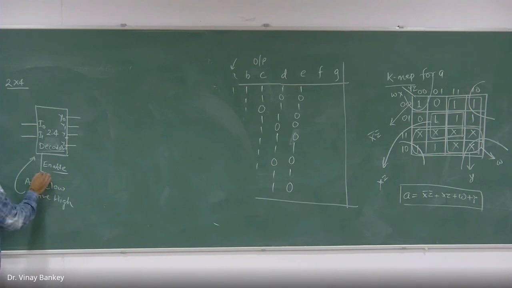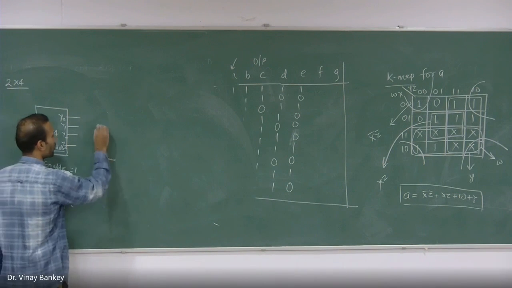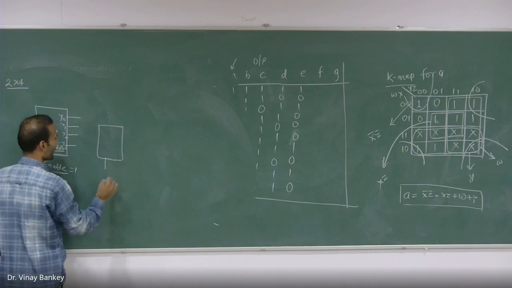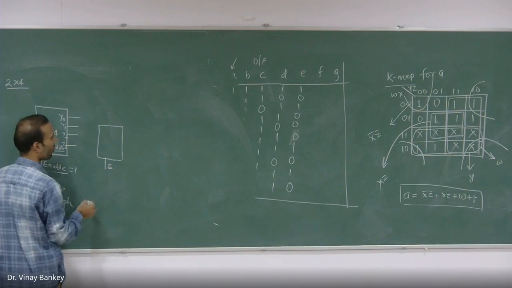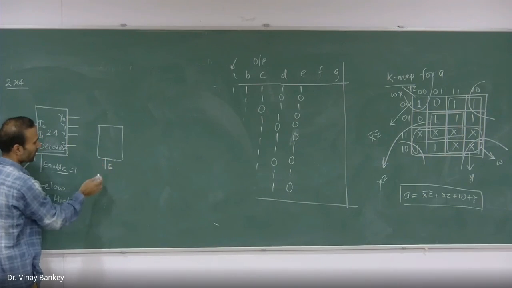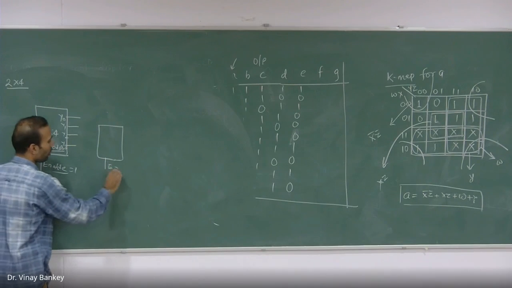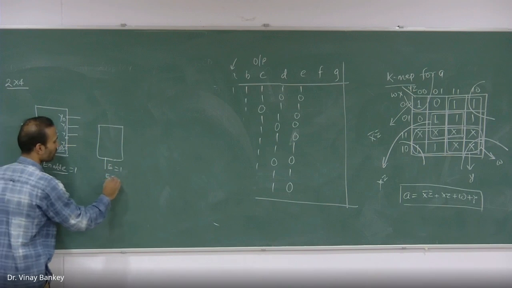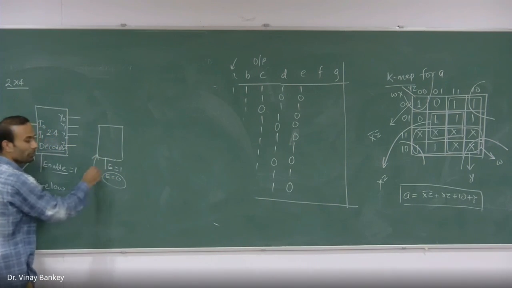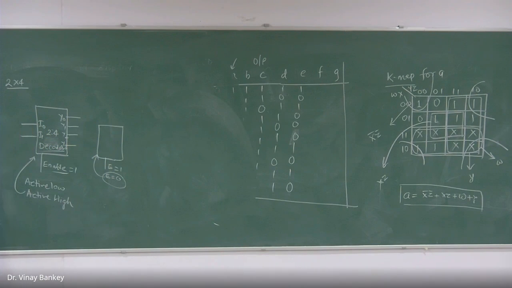When this enable input is equal to 1, this IC will perform its job. For the active high cases, you will find an enable input along with your IC, and the representation is like this. This will be on for 1. If E is 0, this decoder will not be working.